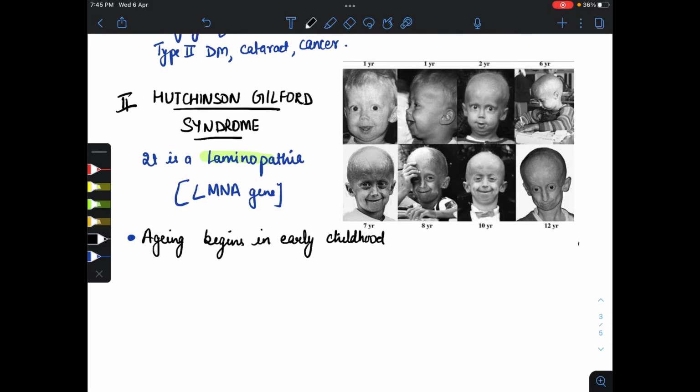As we see in the movie Paa, the child looks like an aging person. So here aging begins in early childhood. It is because of the LMNA gene defect, and the syndrome is Hutchinson Gilford syndrome.